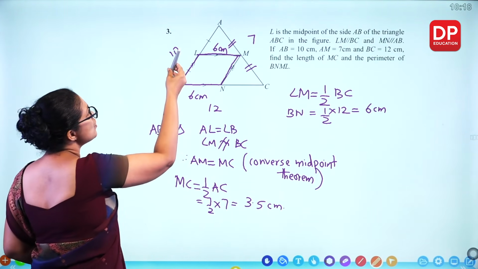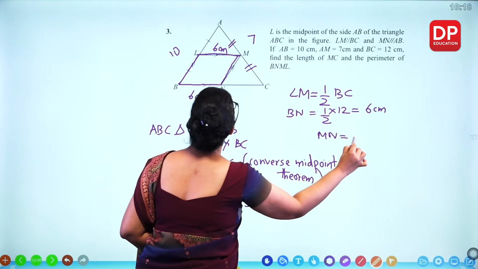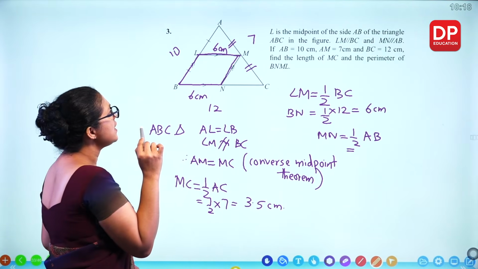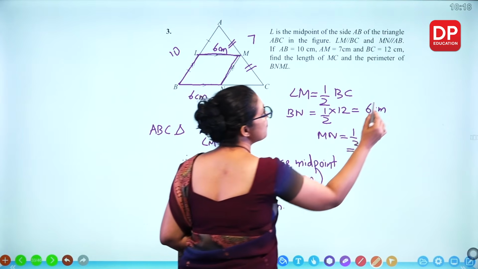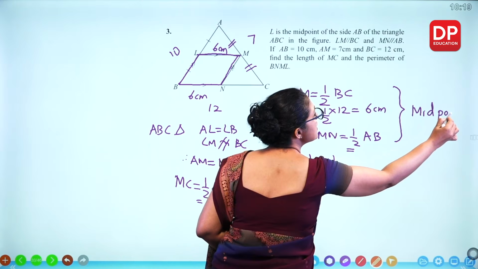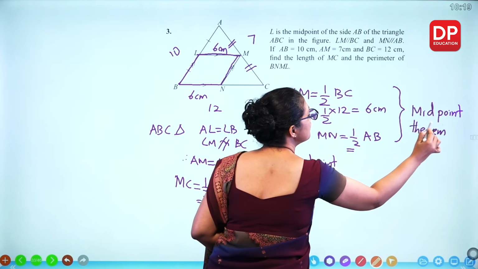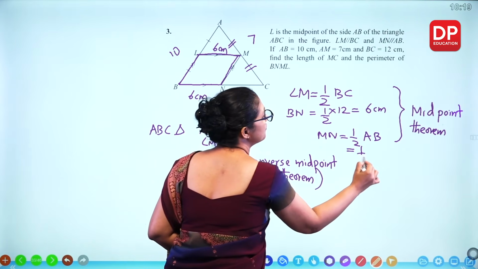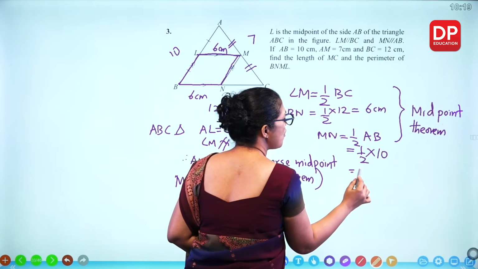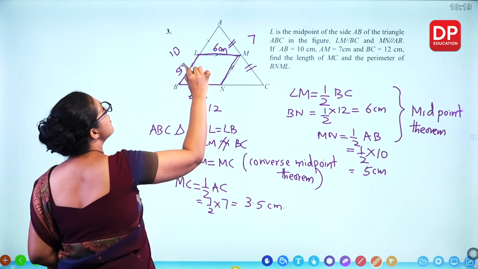Then if you take AB and MN, MN is half of AB according to the midpoint theorem. What is AB? AB is given 10. Half of 10 is 5 centimeters. So we found this is 5.